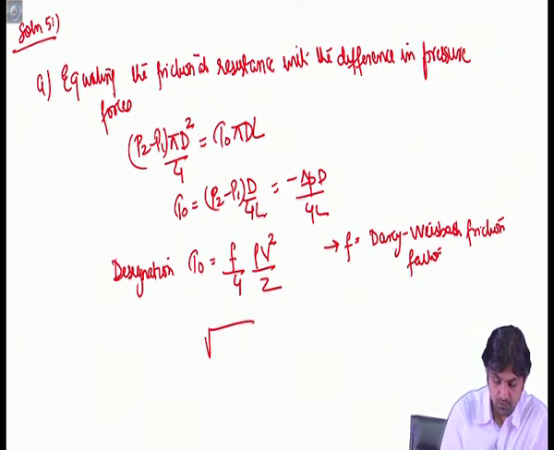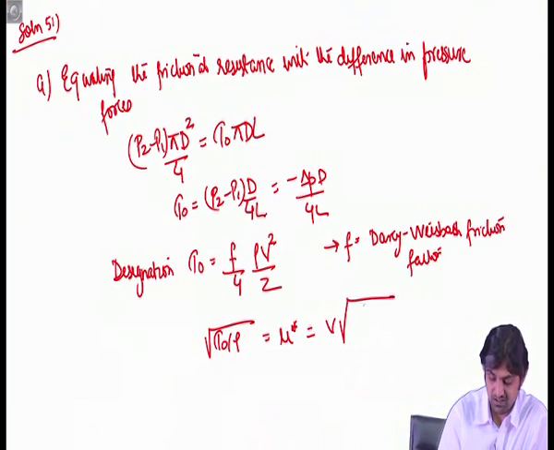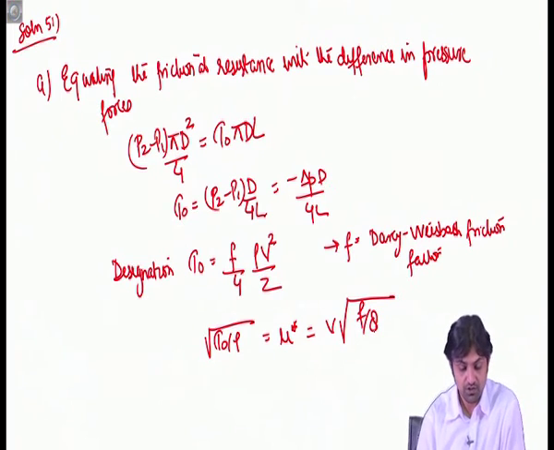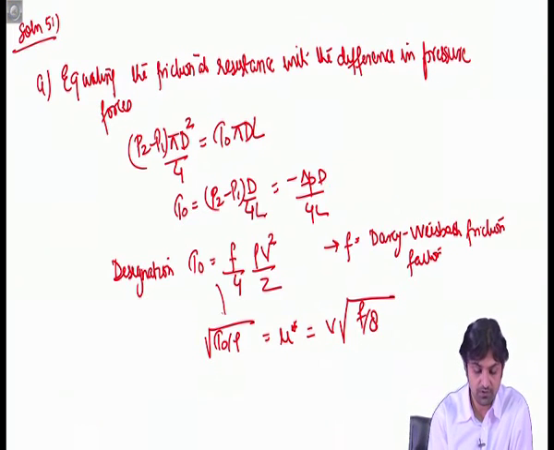So under root tau naught by rho, which is equal to u star, is equal to V under root f by 8. All right, this is how we get it from this equation.